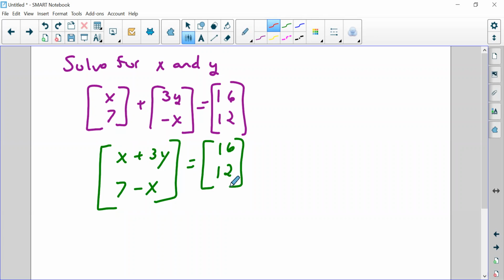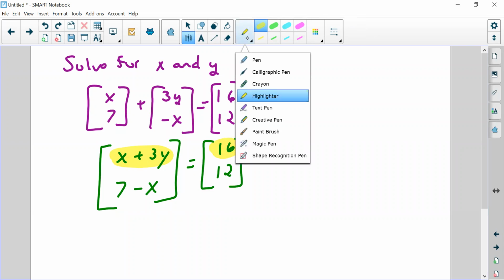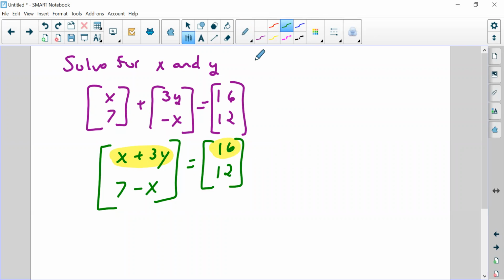If you have a matrix equal to a matrix, each corresponding entry must be equal to each other. So that meant this entry here in the first row, first column must equal the entry in this first row, first column. So therefore, I know that x plus 3y is equal to 16.